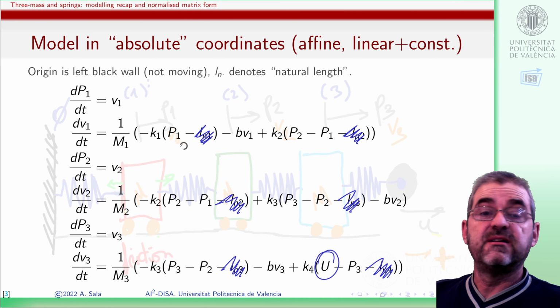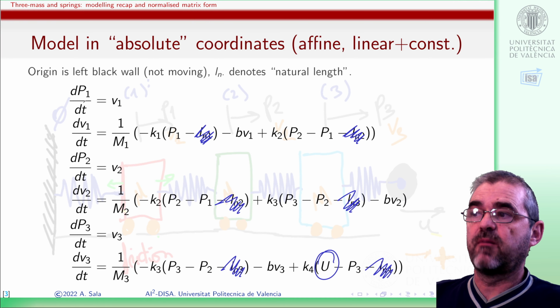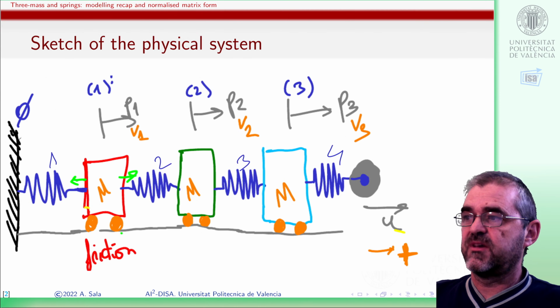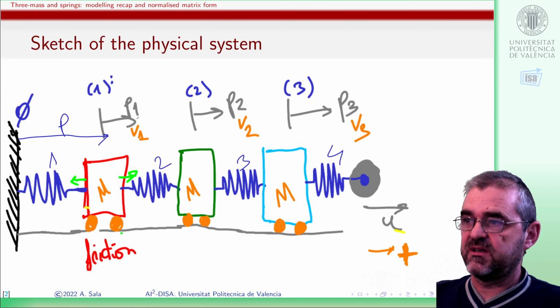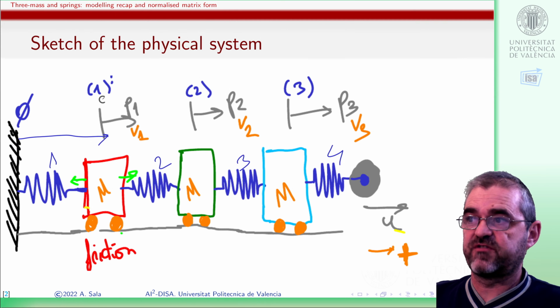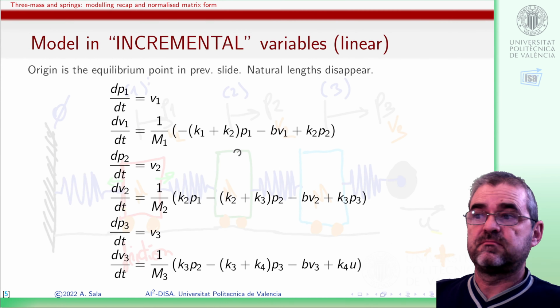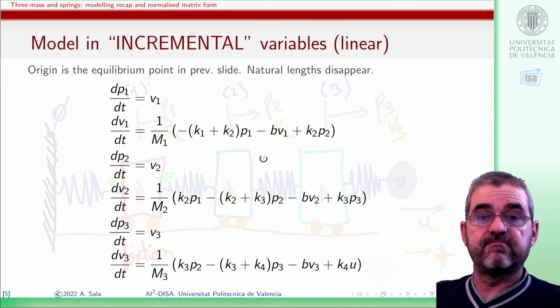And if I change from capital P, indicating the positions measured from this point, to lowercase p, indicating the incremental positions from the equilibrium, then changing to lowercase just yields these equations.